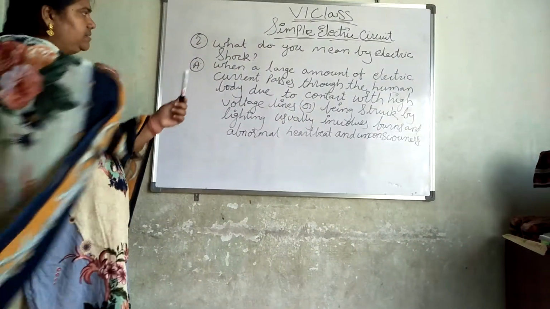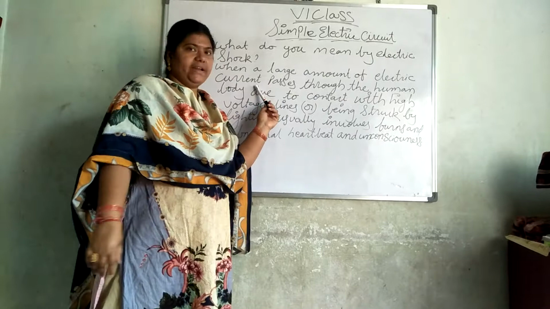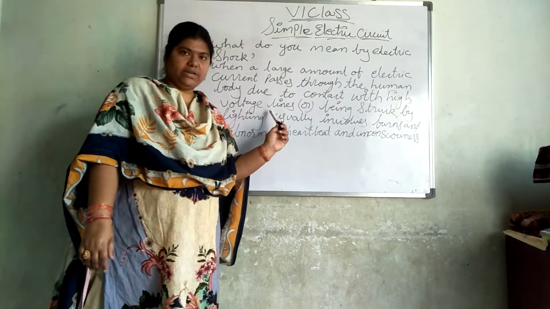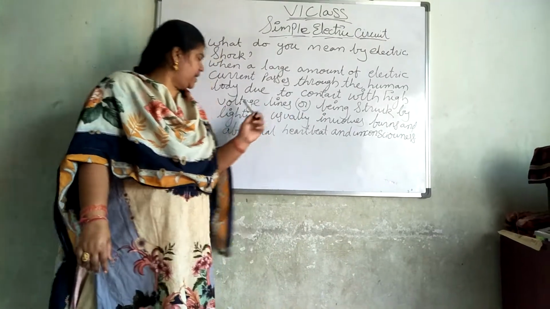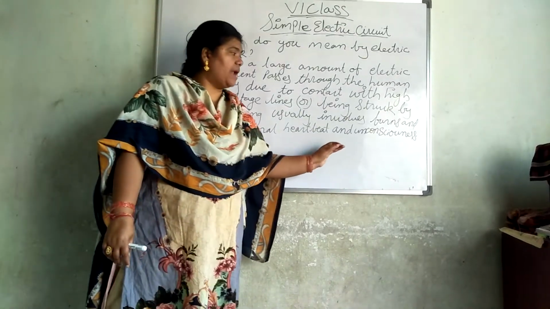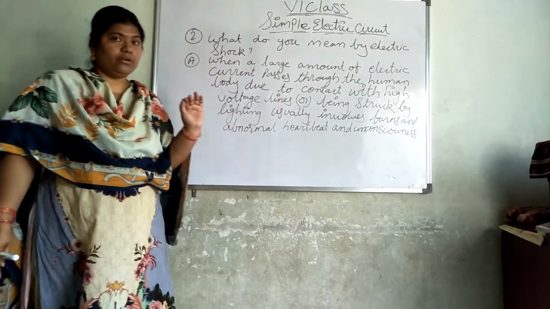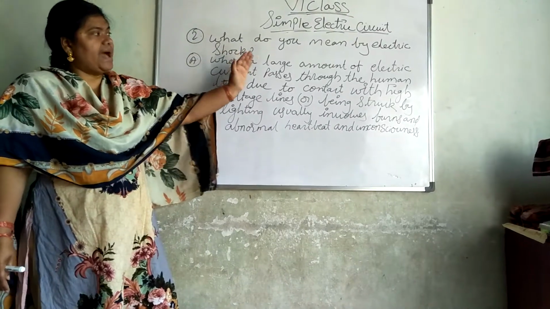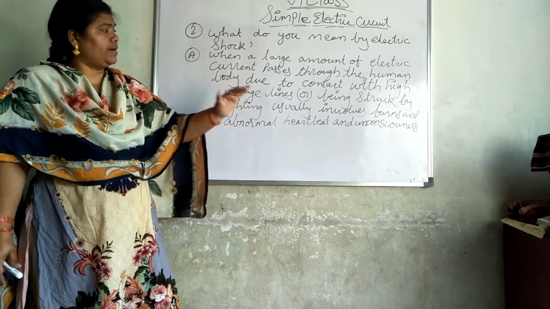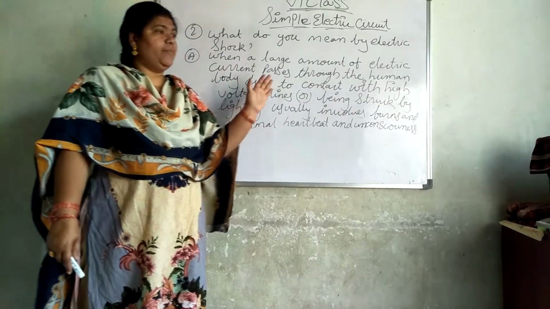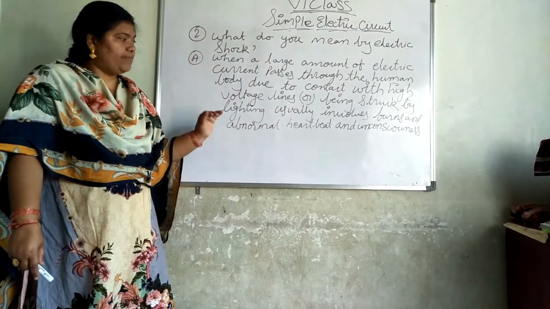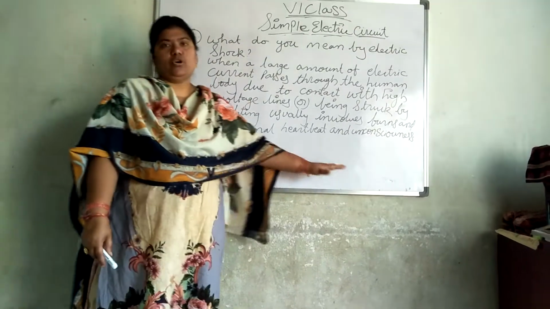The very important answer. When a large amount of electric current passes through the human body due to contact with high voltage lines or being struck by lightning, it usually involves burns, abnormal heartbeat and unconsciousness. Very important. What is electric shock? When a large amount of electric current passes through the human body due to contact with high voltage lines or being struck by lightning, it usually involves burns, abnormal heartbeat and unconsciousness.